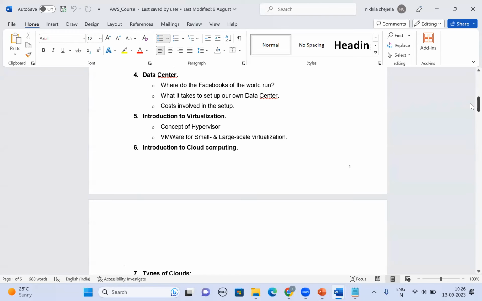So think of your laptop in virtualization mode: I have installed one software on your system, and on that system 3 or 4 machines will be created virtually. They will not be visible to you, but they will use your laptop resources, CPU, memory, and storage, and create new machines, which are called VMs, virtual machines.